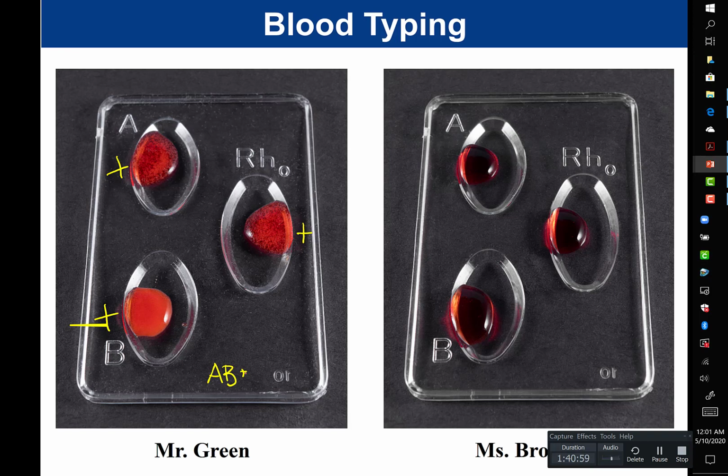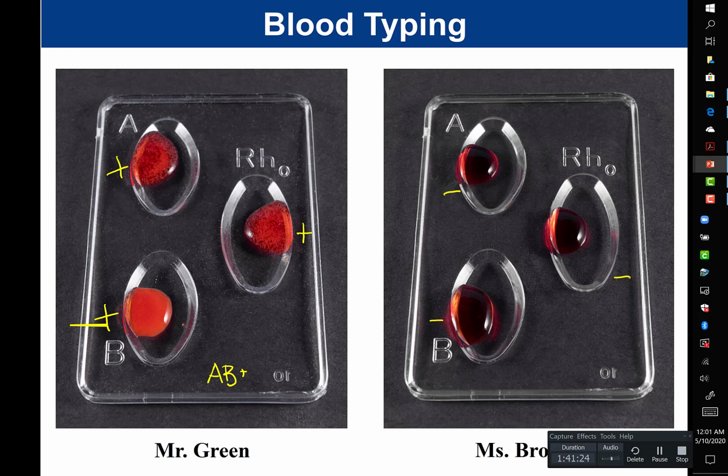Next, let's look at Ms. Brown. Ms. Brown has no agglutination for A. Ms. Brown has no agglutination for B. And Ms. Brown has no agglutination for Rh. So we don't have the A carbohydrate, we don't have the B carbohydrate, and we don't have the D antigen.